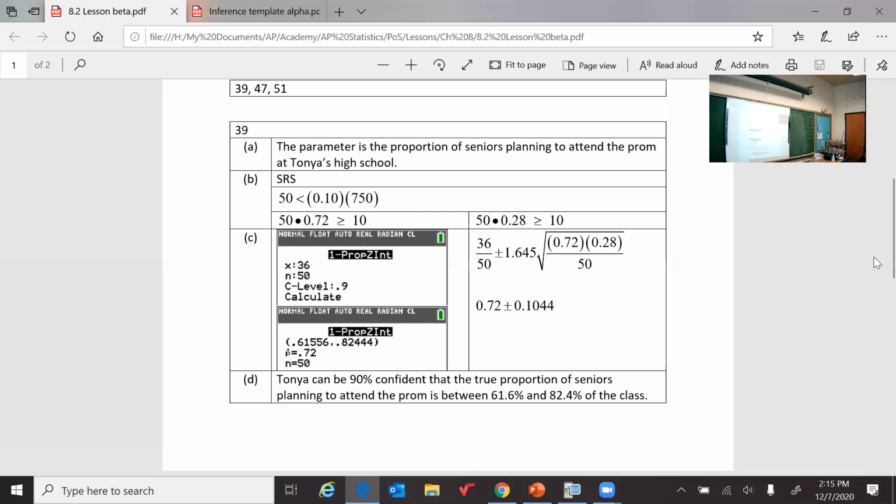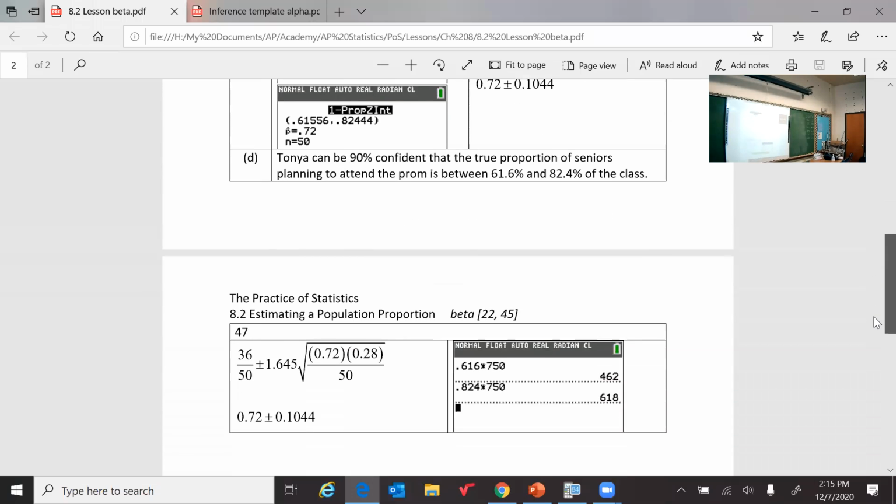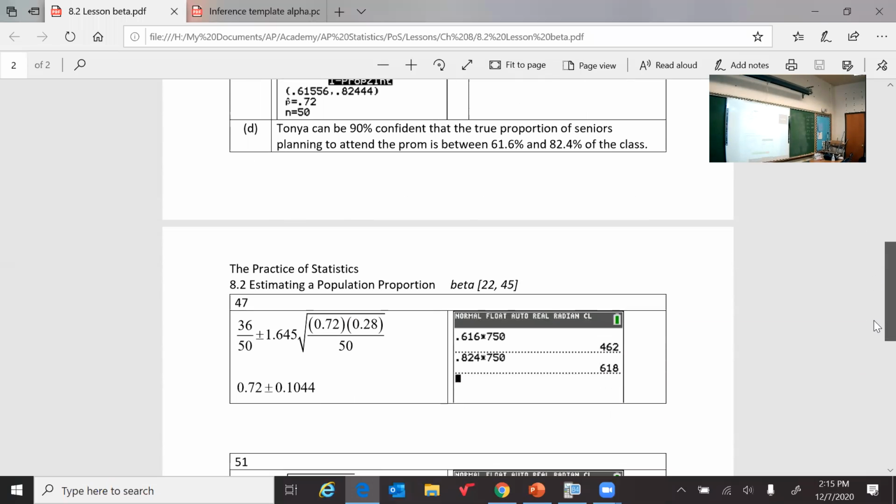Then 47. 47 is, well, how many seniors is that? So we said, okay, 61.5%, 82.5% times the population. So you're talking about an attendance between 462 and 618 seniors.